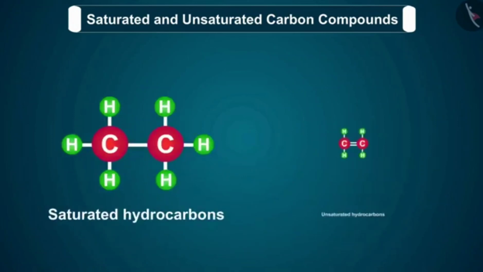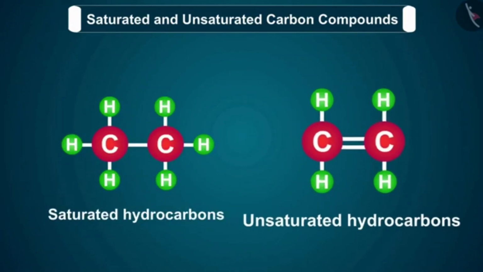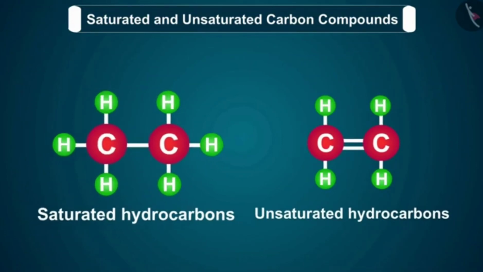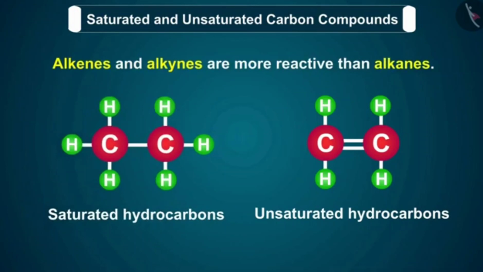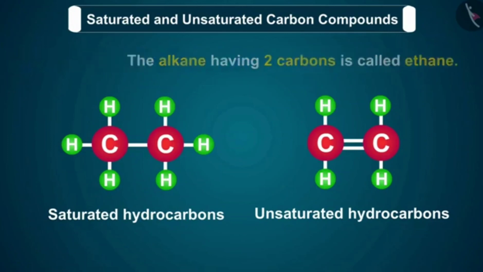Also children, you should know that the unsaturated hydrocarbons are more reactive as compared to saturated hydrocarbons. In other words, alkenes and alkynes are more reactive than alkanes. The alkane having 2 carbons is called ethane.